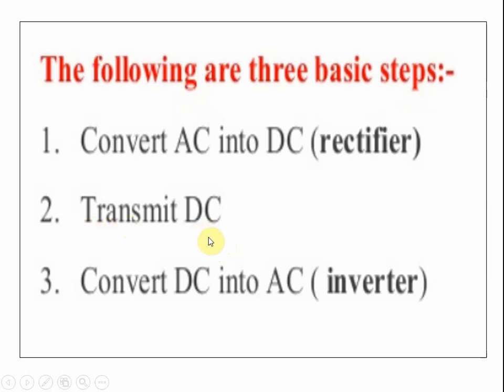In the third stage, we convert DC power into AC power, that is nothing but inverter mode. So in HVDC systems these three stages are there: first, convert AC to DC; second, transmit the converted DC power; then third, convert DC power into AC at the inverter station.